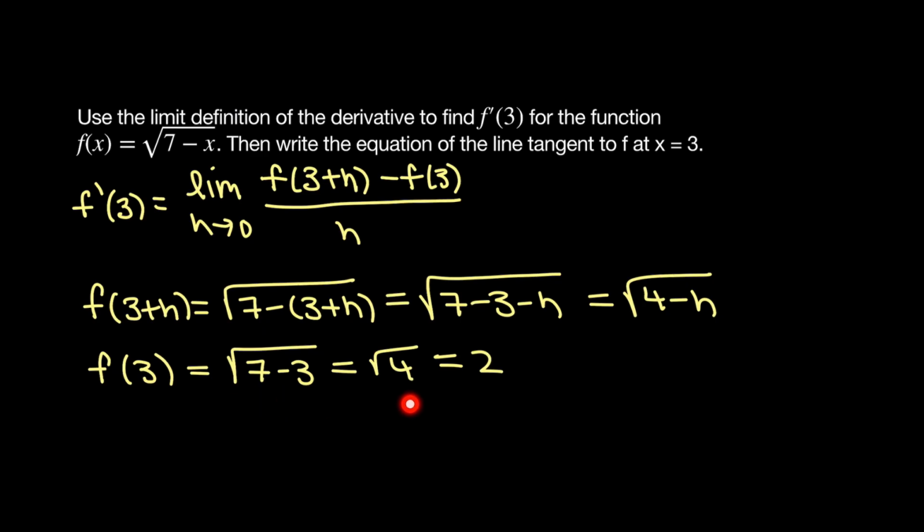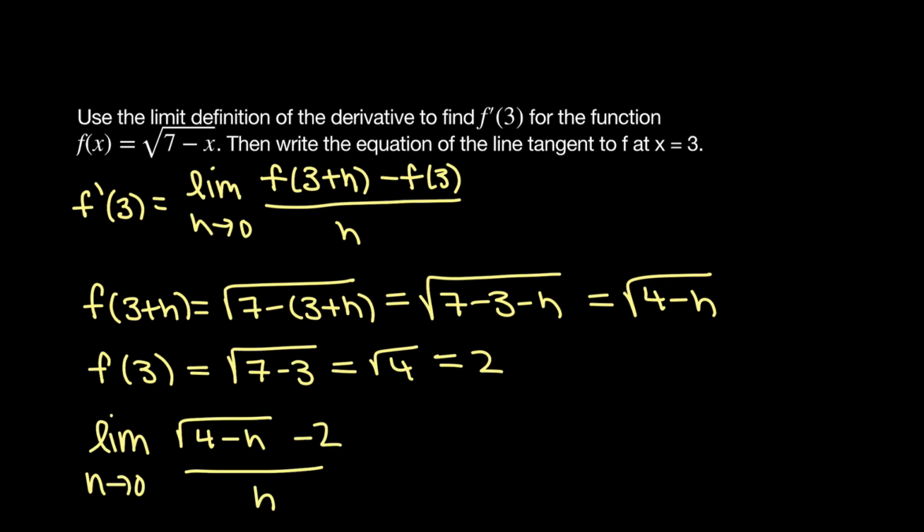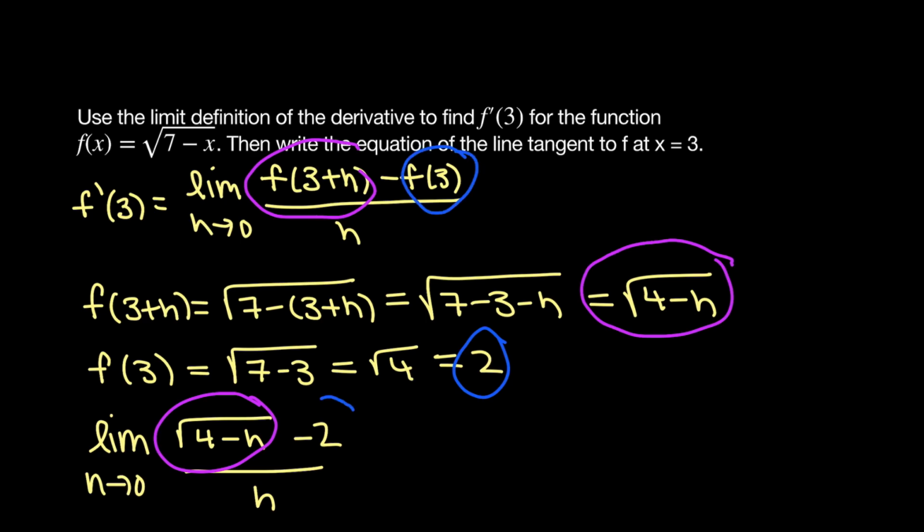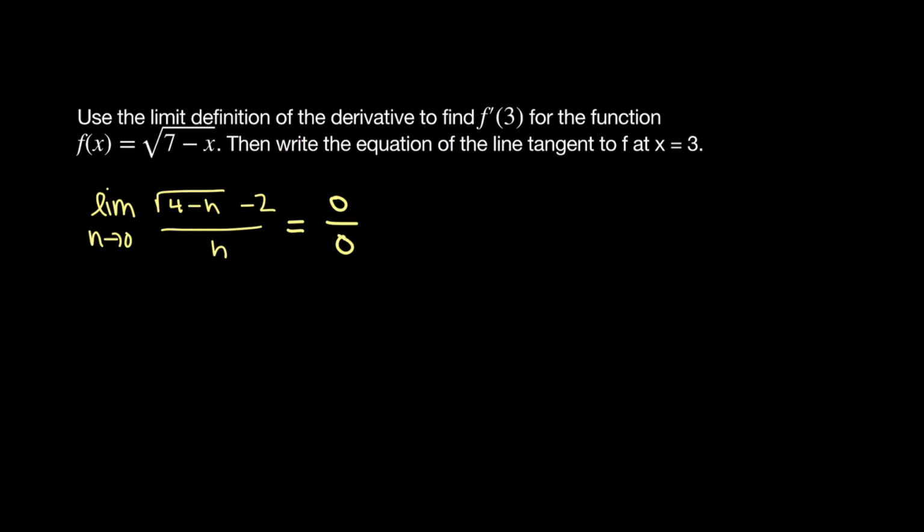Square root of 7 minus 3 is root 4, or 2. Plugging these values into my limit definition, I now have the limit as h goes to 0 of square root of 4 minus h minus 2, all over h.